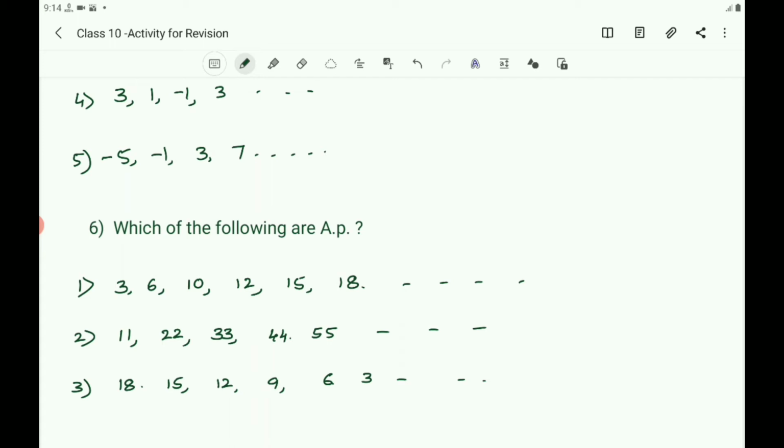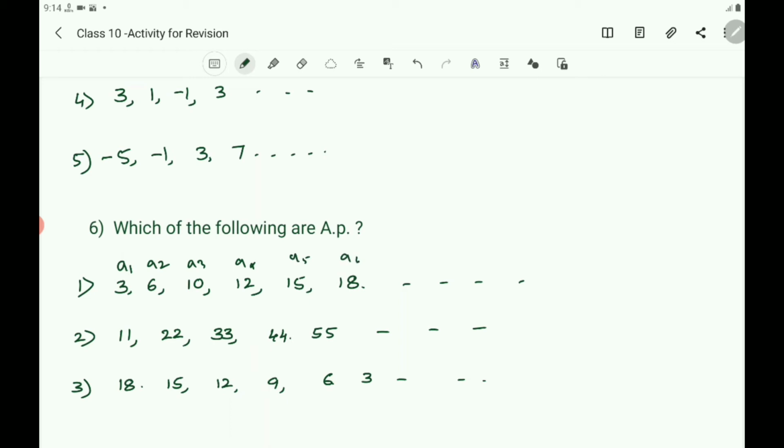Here A2 minus A1 equals A3 minus A2, A4 minus A3, A5 minus A4, and A7 minus A6, A6 minus A5, this way. Here the term which comes first is A1, second is A2, this is A3, this is A4, A5, A6.